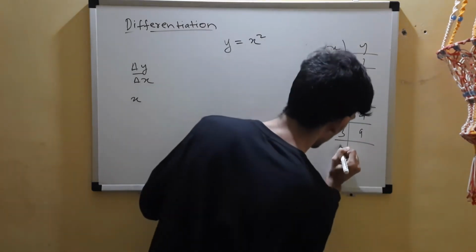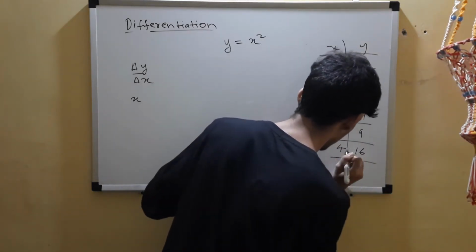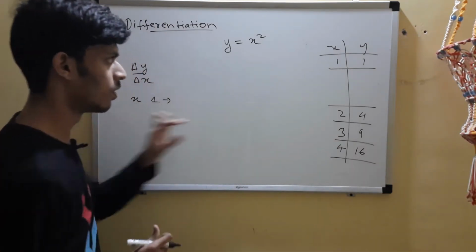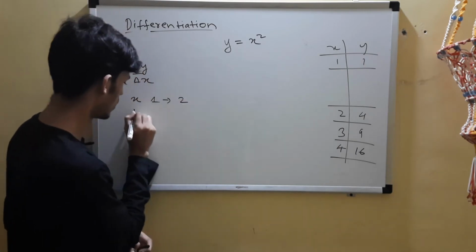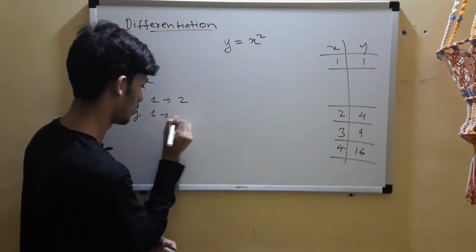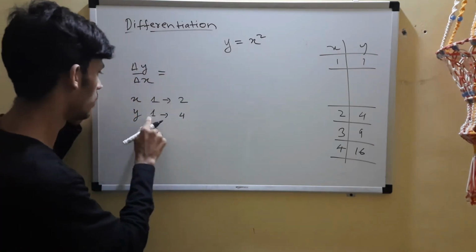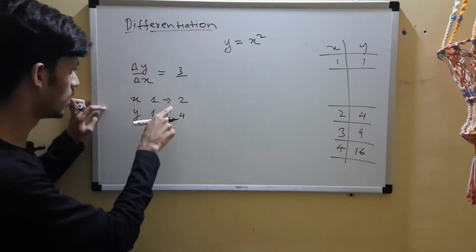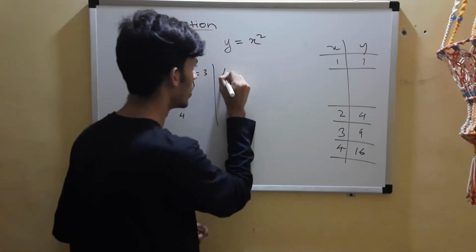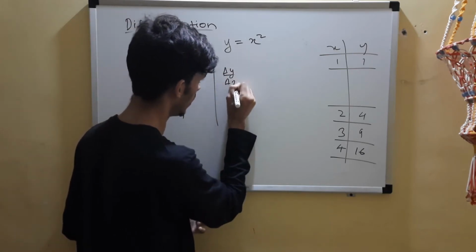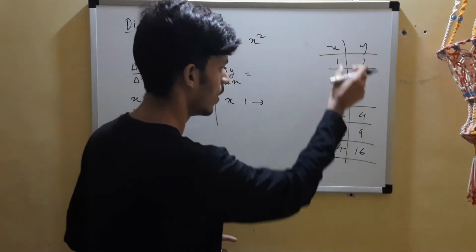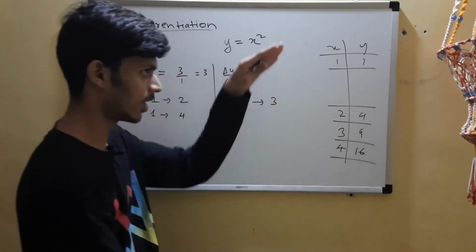In the first case, x changes from 1 to 2 and y changes from 1 to 4. The change in y is 4 minus 1, which is 3, and the change in x is 2 minus 1, which is 1, so the rate is 3. Now when x changes from 1 to 3, we are increasing the interval.